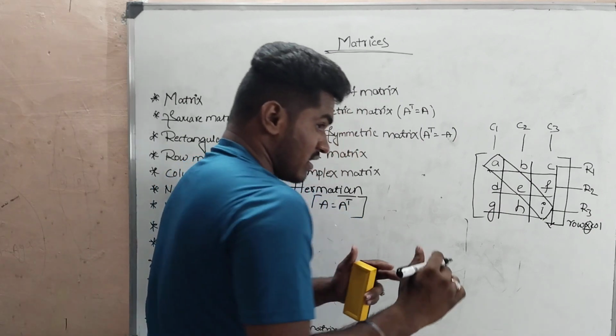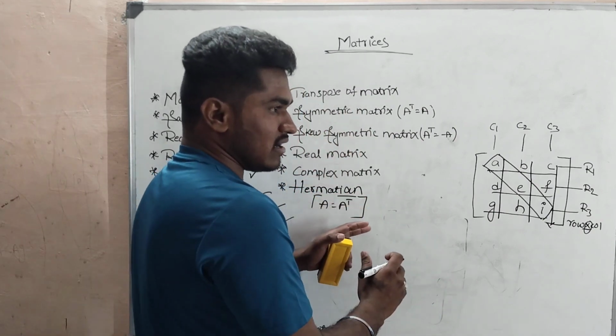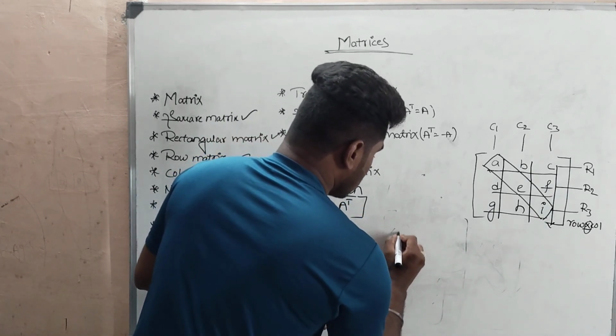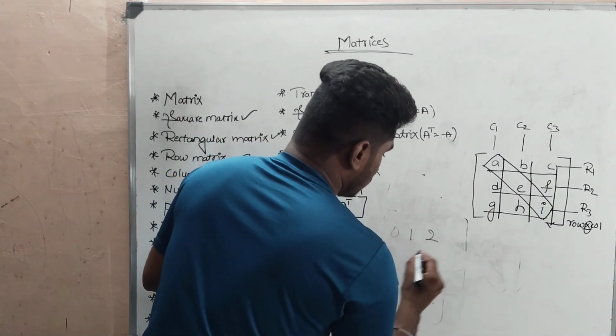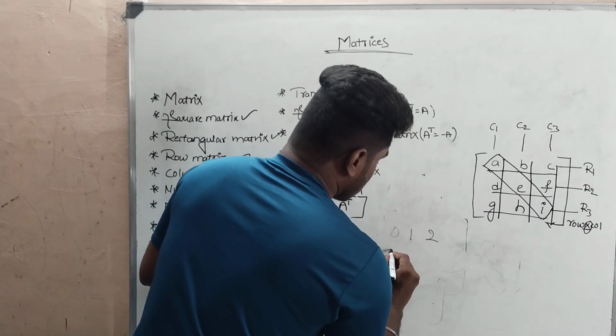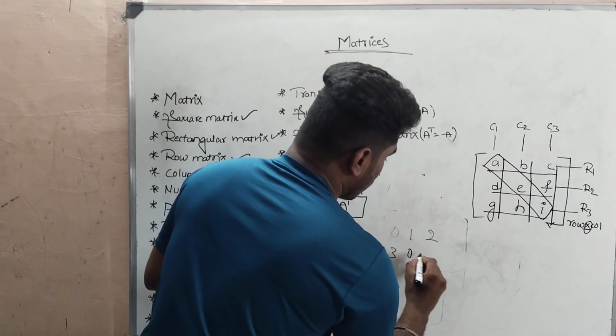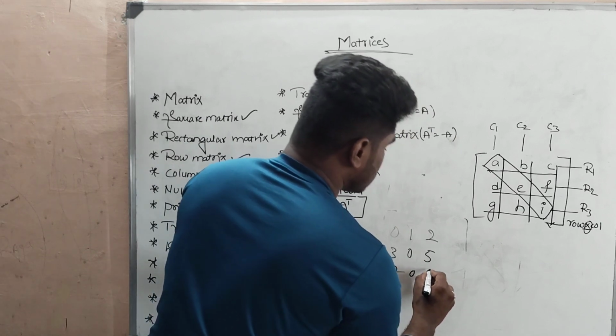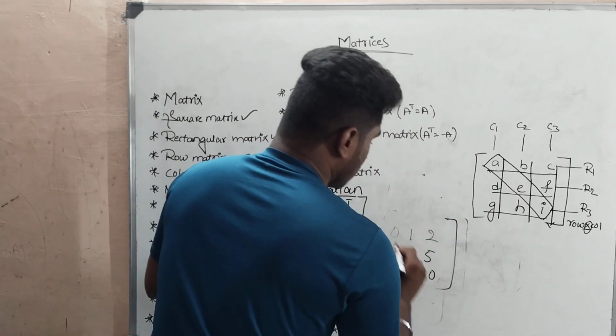So see here, whenever we have the diagonal, all the diagonal elements should be 0. 0 1 2, next 3 0 5, 7 0 0, likewise.